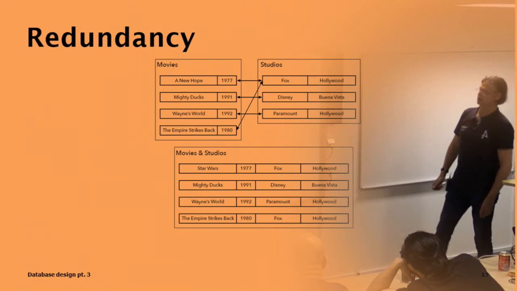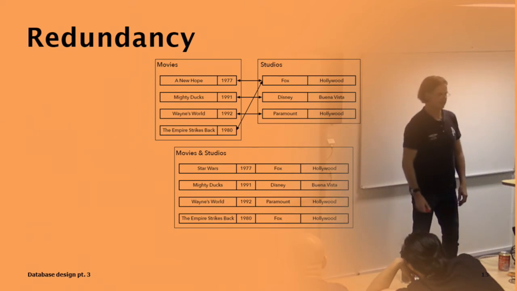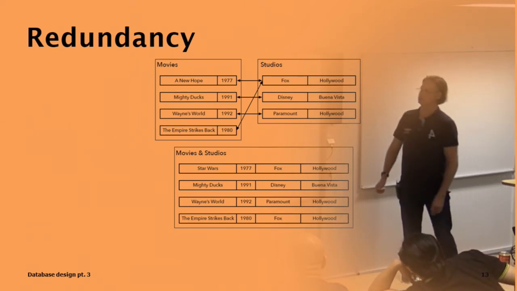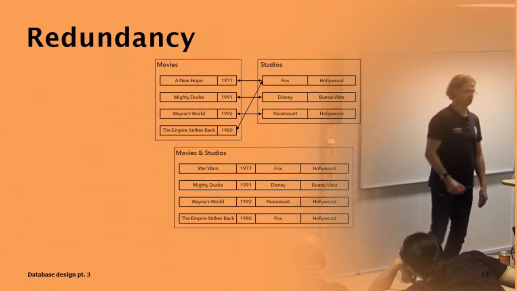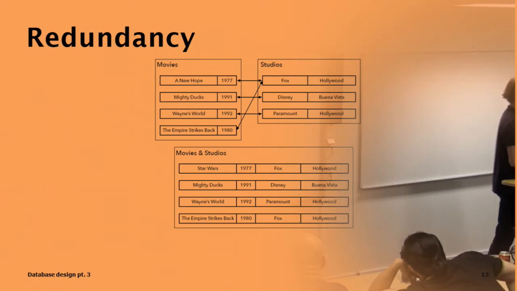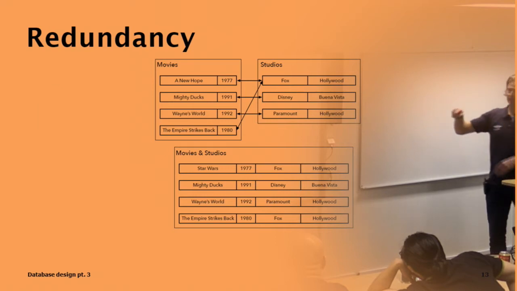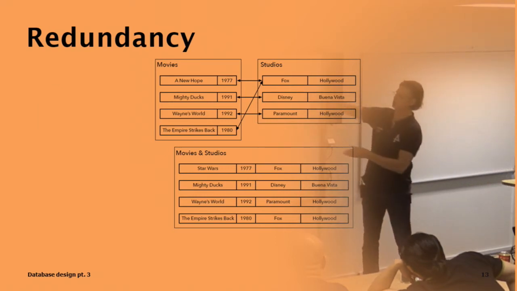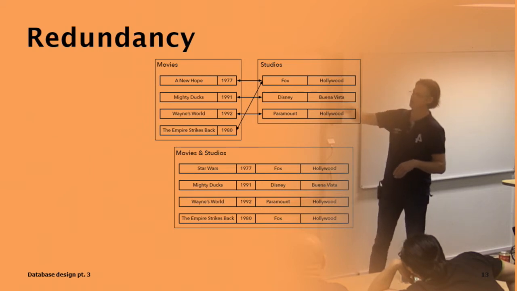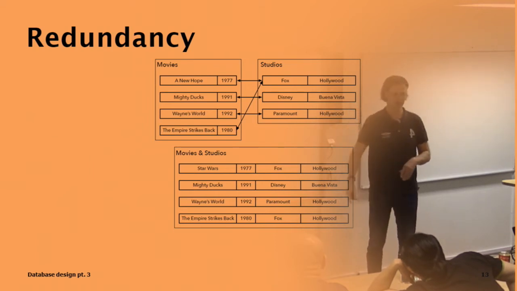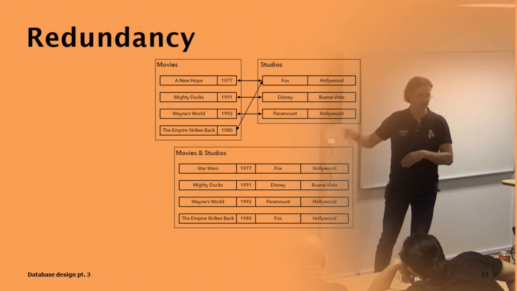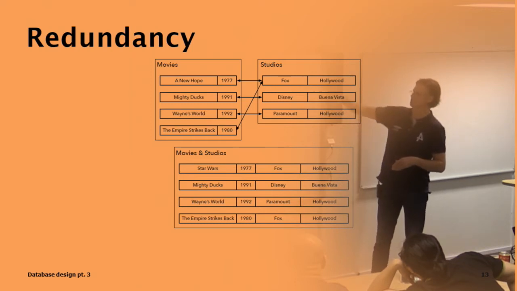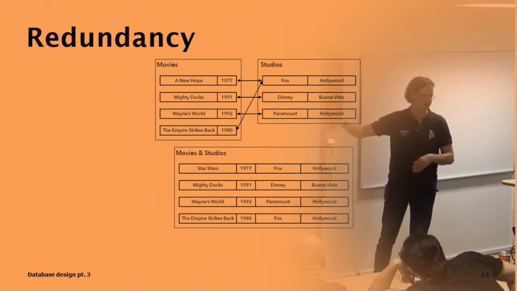But if you add another movie here that is also created by Fox, can you see that on the top model things are fine here, because if I change the address from Hollywood to Stockholm, things are really fine for those two movies, A New Hope and The Empire Strikes Back.